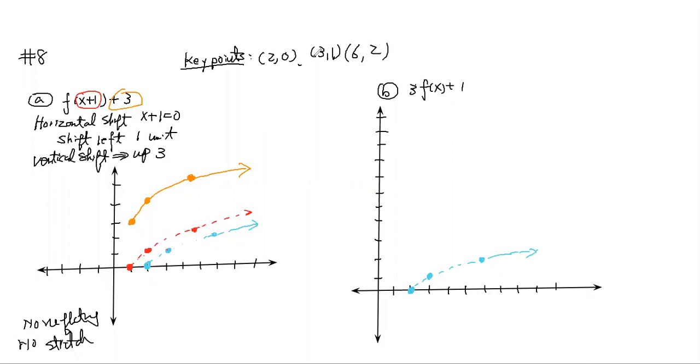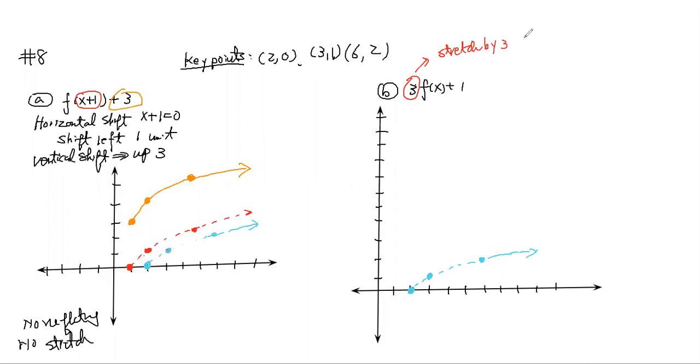Okay, so now the first thing here, you see this number in front. What does that mean? That means this is a stretch by 3. How do I stretch?